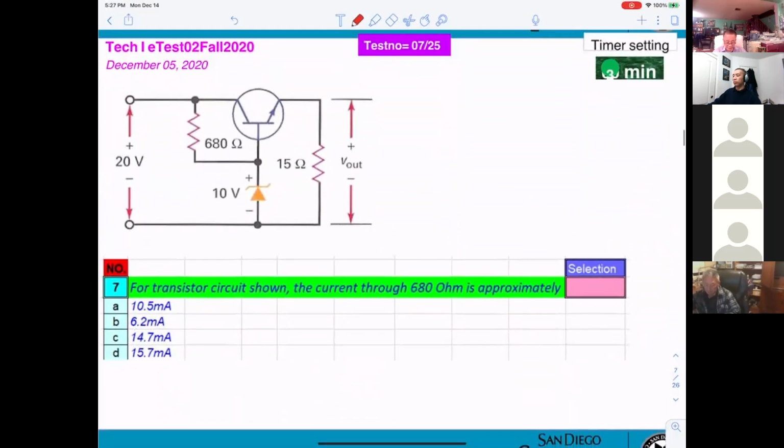Same circuit. They want the current through the 680 ohm. That's C. Number 7 will be C. Correct, I also got C. That's correct.